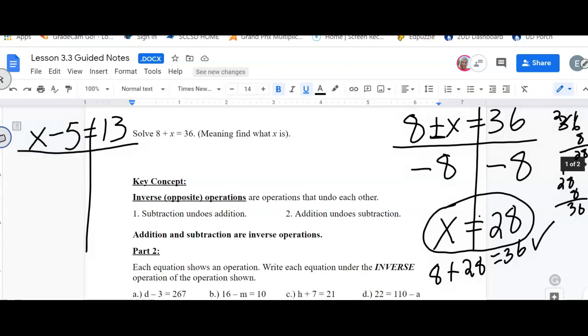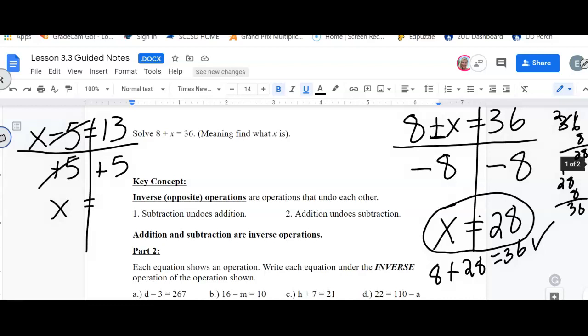What am I going to do to both sides to get the variable by itself? Charlotte, you got it. Add 5 to both sides. My left-hand side would have x because minus 5 and plus 5 are opposites of each other. They would cancel each other out.